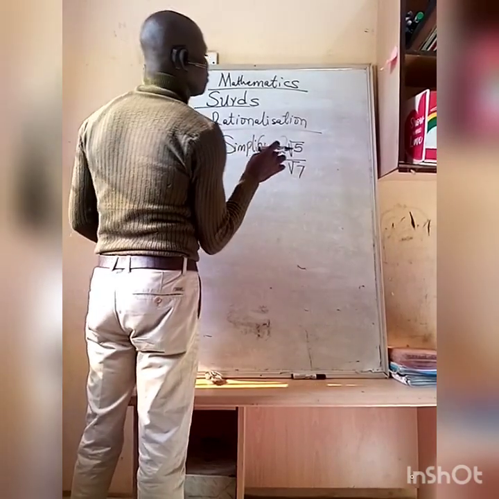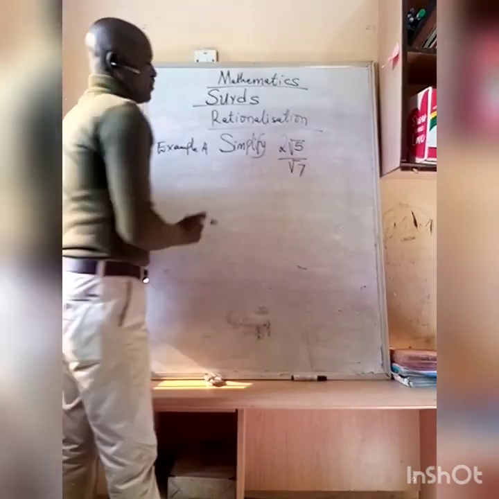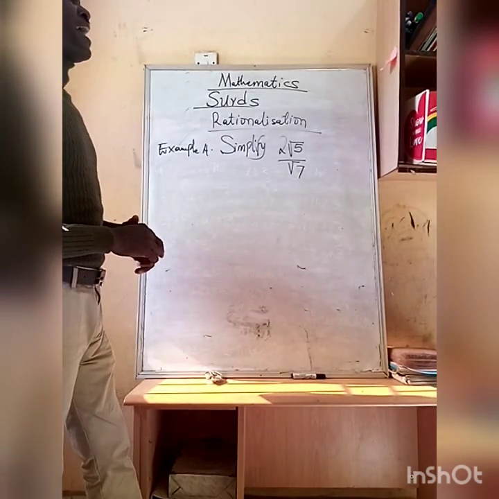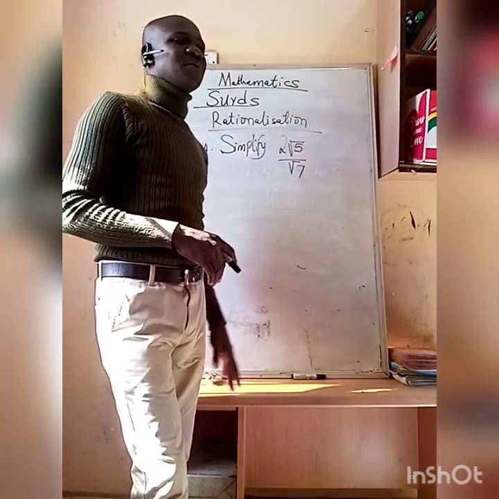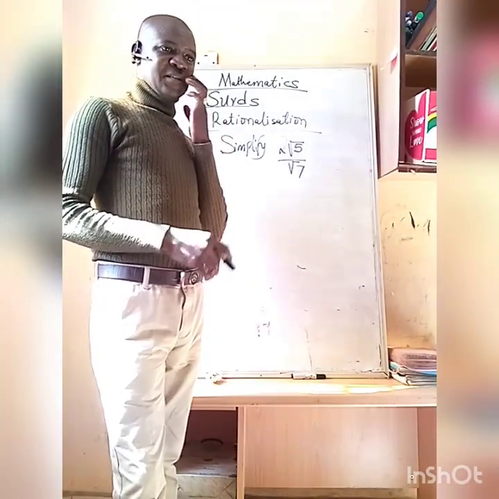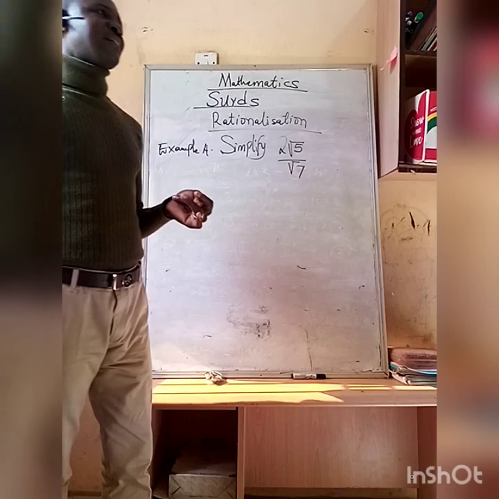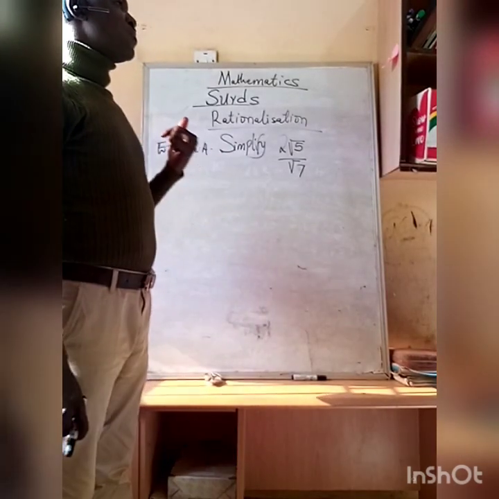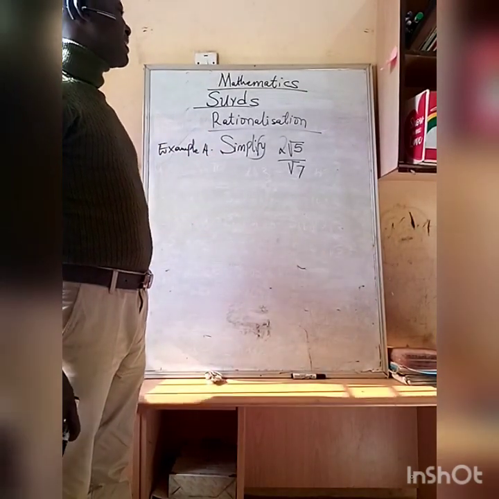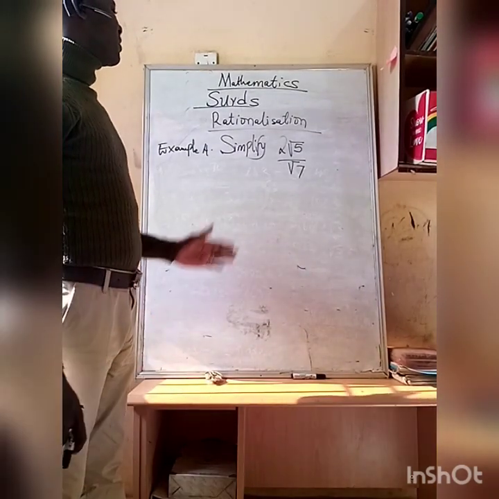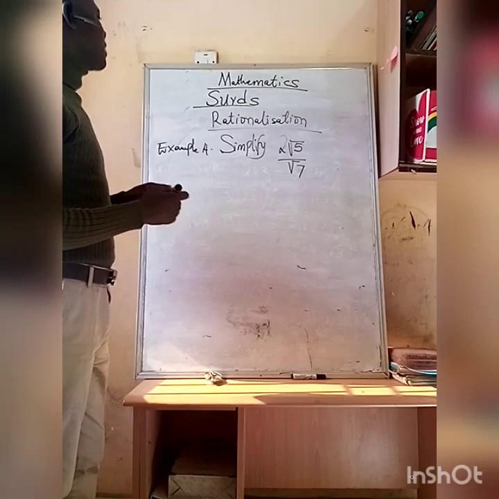That is because it is not permitted under this concept and every other concept as far as mathematics is concerned, except when the problem under consideration is an objective test. For want of time, the examiner may decide to leave it like that. Else, on rare occasions will you have a final answer with a denominator that is a surd, because it has to be rationalized. And how do we do that?